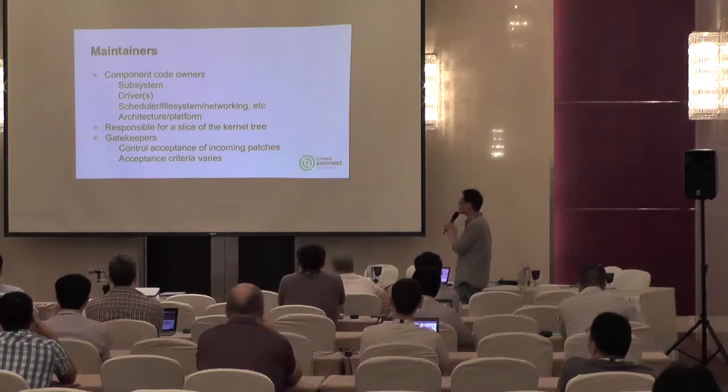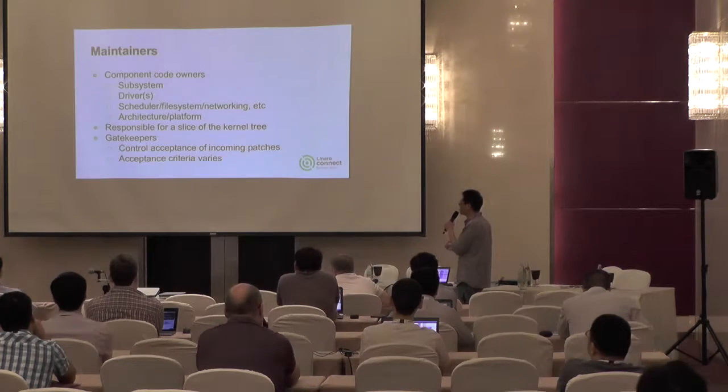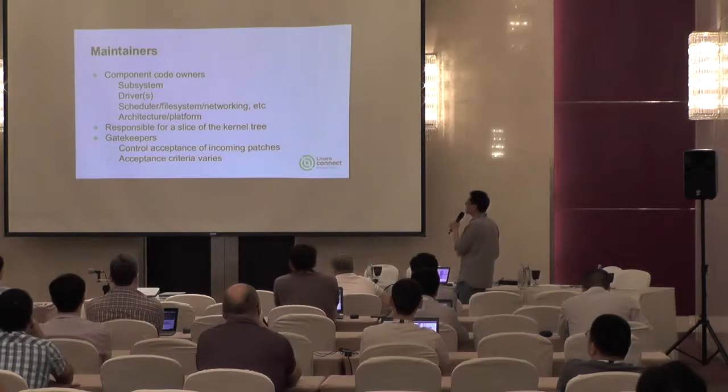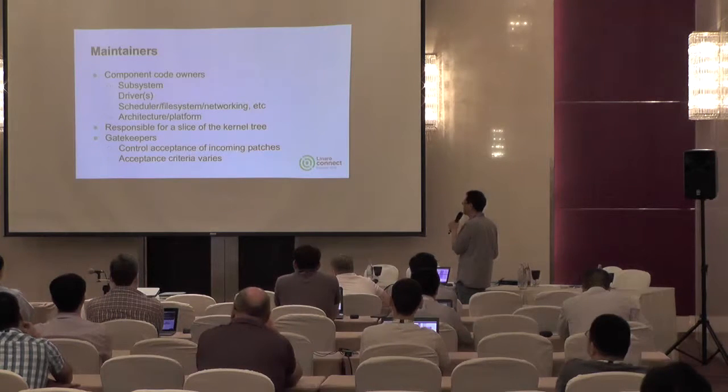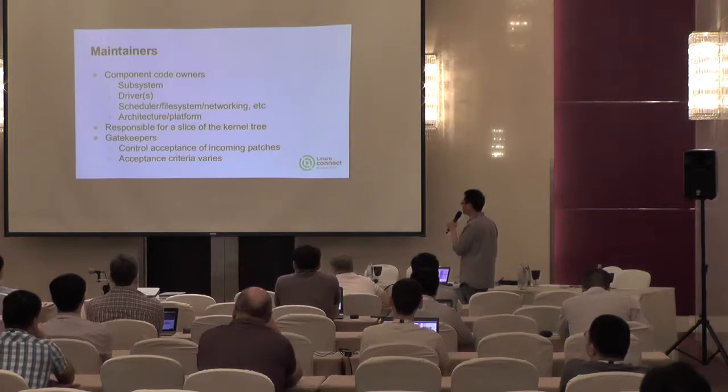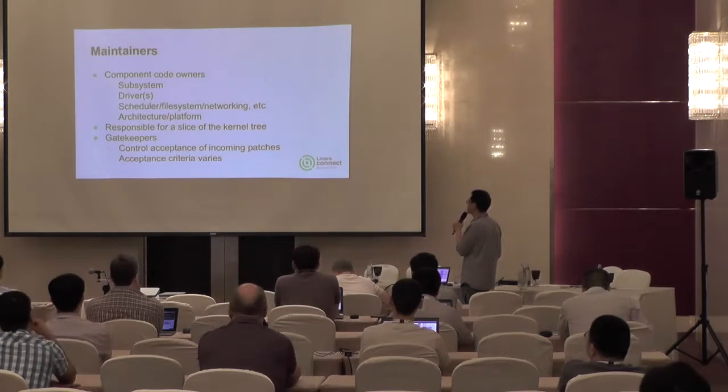So let's see who the maintainer is. A maintainer is a component code owner. The component may be a subsystem, or just a driver, scheduler, file system, networking, or maybe architecture and platform. Maintainers are responsible for a slice of the kernel tree. A maintainer is also a gatekeeper.